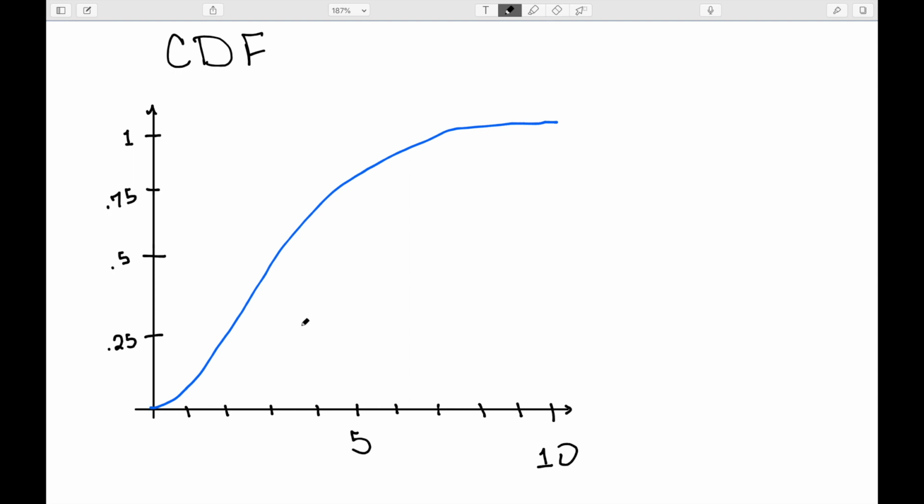Let's suppose we have a given CDF and we want to determine the median. For a CDF, the median would be where the y value of the graph is 0.5. So in this case, approximately 3. So here, our median would be equal to about 3.